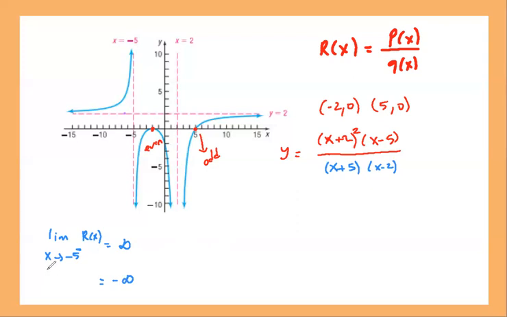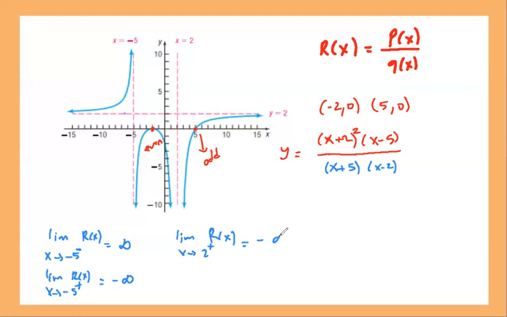So let me actually write those. When you take the limit as x approaches -5 from the positive side, I'm going to say this is r of x, that was -5. And if you do the same thing with this one, the limit as x approaches 2 from the positive side, your y value is getting smaller and smaller.